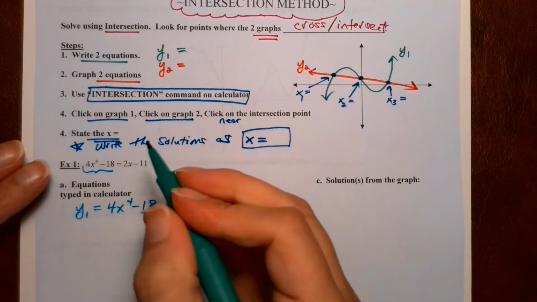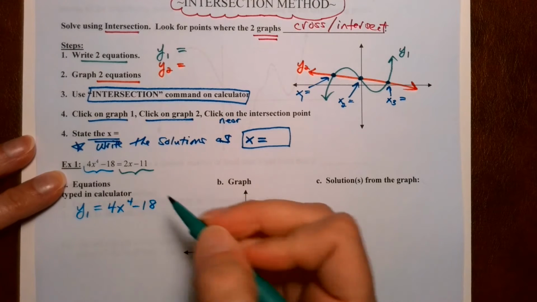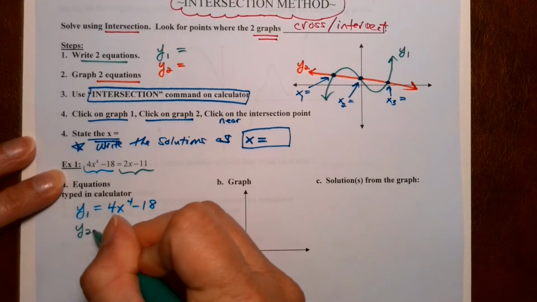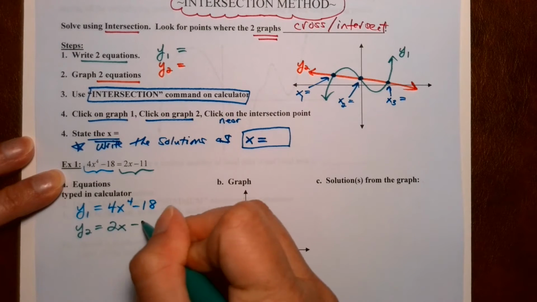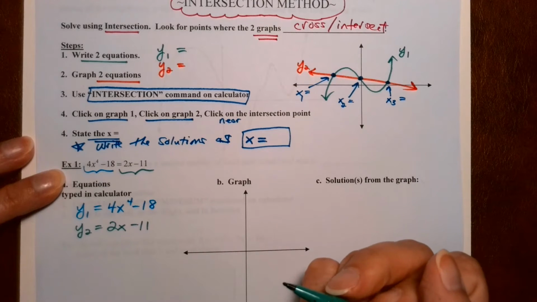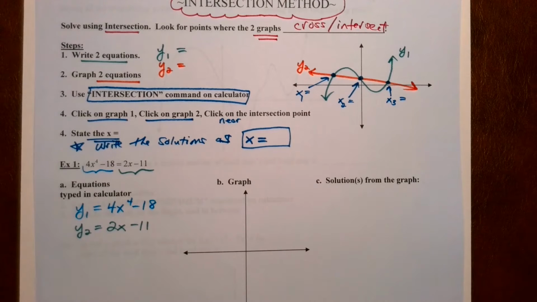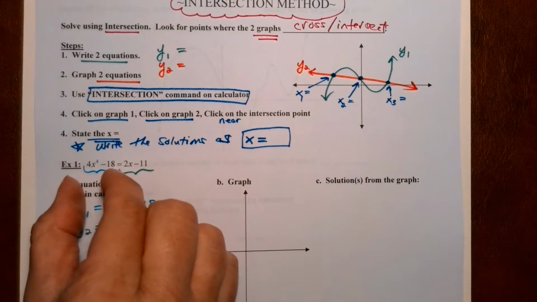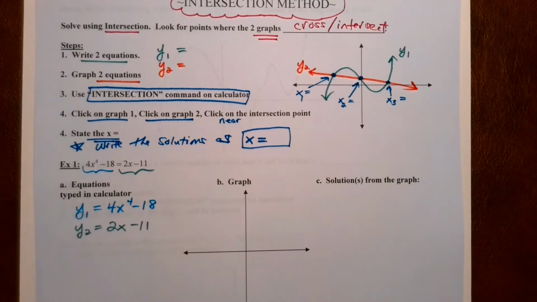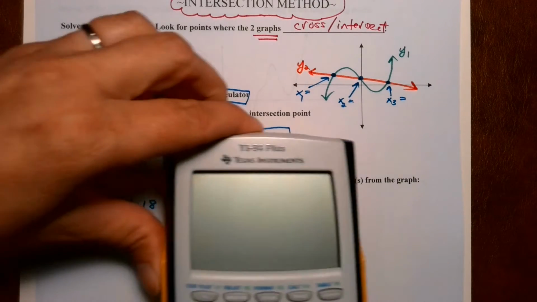Where does that equal the right-hand side? So y2 is going to be the linear. Step 2 is to graph this in the graphing calculator. The easiest thing would be to say, where does the left side equal the right side? So get out your graphing calculators.